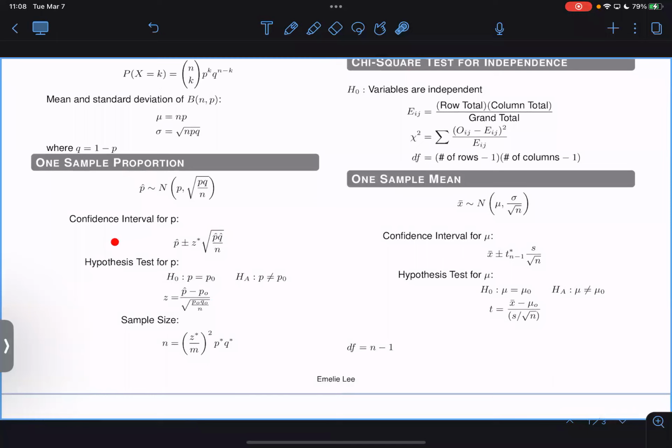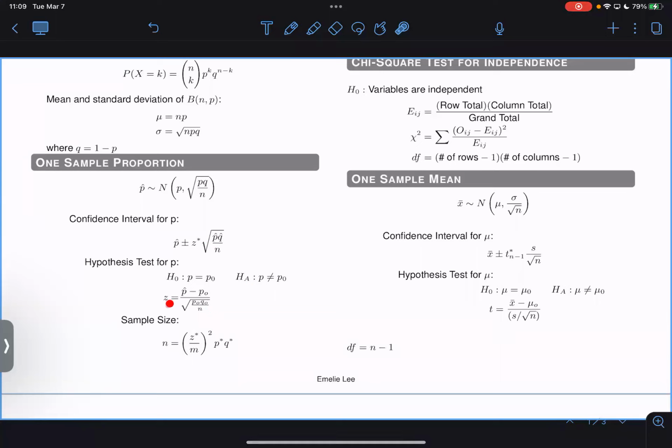What I've done is I've given you the sampling distribution for each type of question. I gave you the formula for the confidence interval for P, which we did last week. And for the hypothesis test, I give you the default null and alternative hypotheses, and I also give you the test statistic. So basically I give you step 1 and step 2.